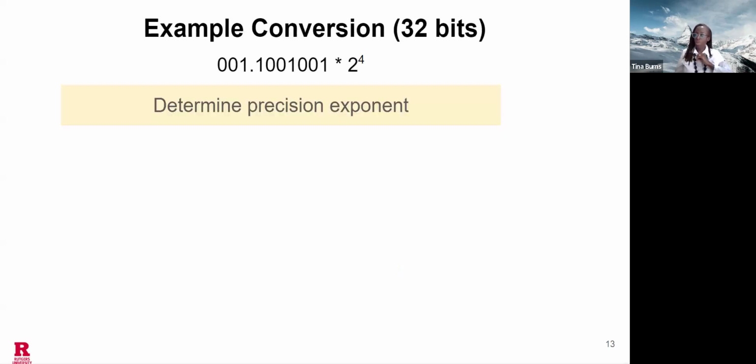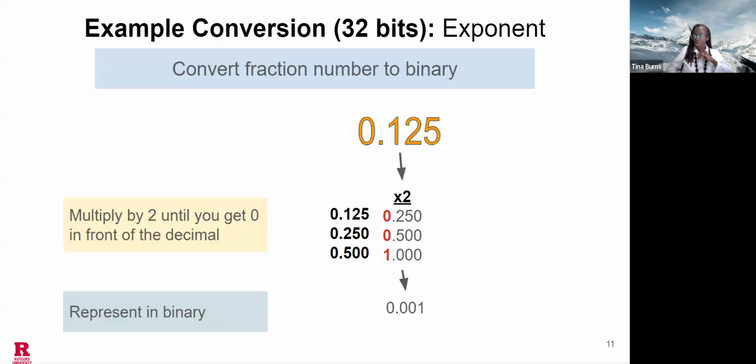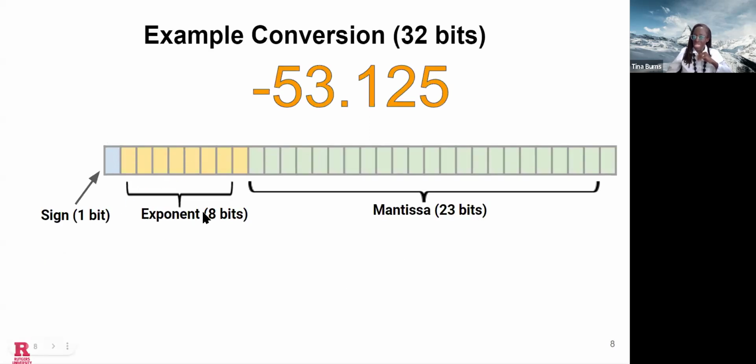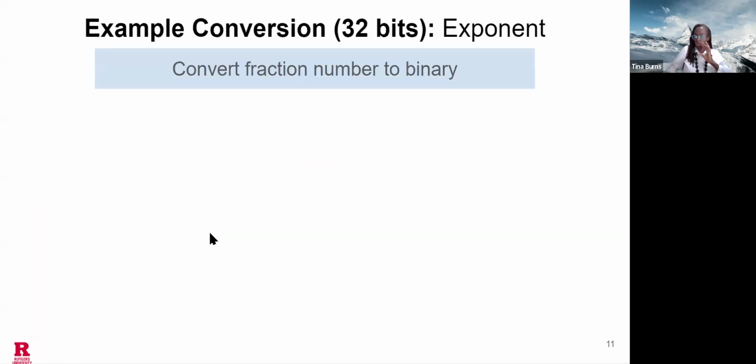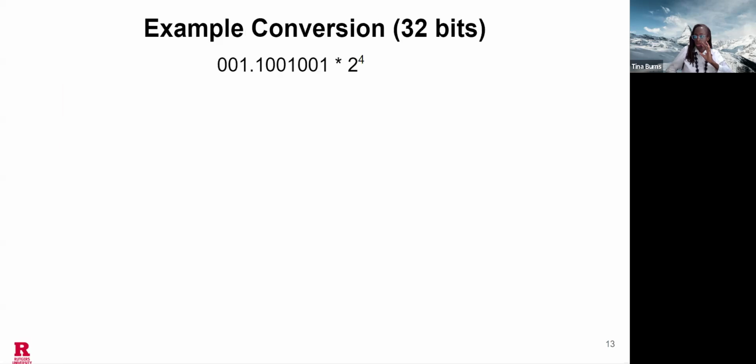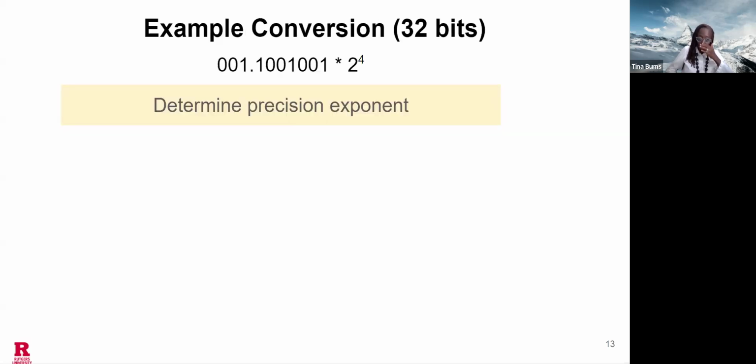All right, so here I'm starting with this number. I want to determine my precision exponent. What does that mean? It means, looking at this, how precise can my number be? Keep in mind that when we talked about the number of bits being represented here, I'm going to go back several slides. We have 8 bits representing the exponent. This will help us determine what our precision value is.